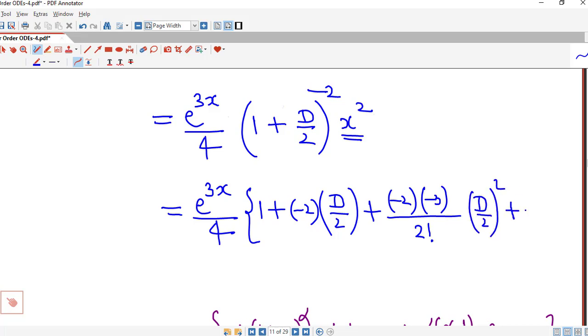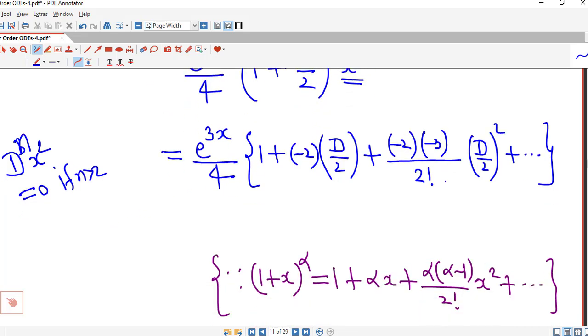Now the next term will have higher powers of d starting from d cube, so we are considering terms up to d square only, because if we apply d raised to 3 to x square, we will get 0. In fact, d raised to n on x square equals 0 if n is greater than 2.